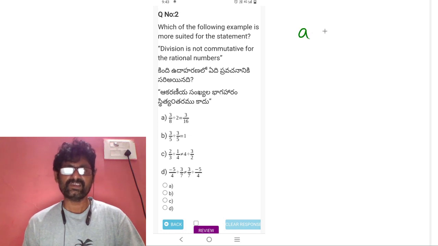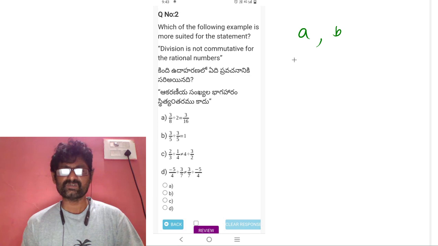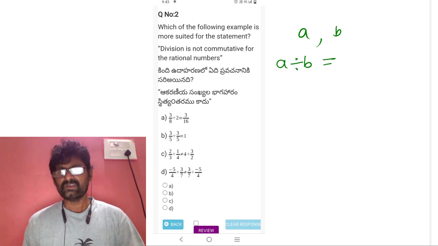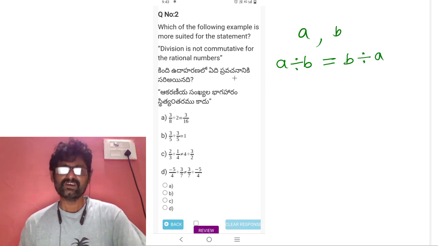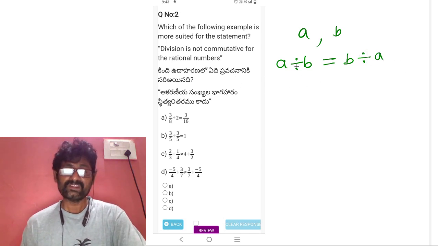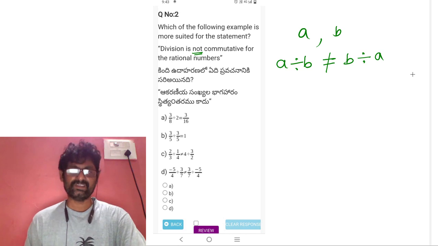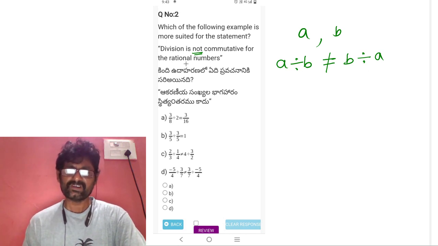If A and B are two rational numbers, then A divided by B equals B divided by A. This is the commutative property. But here it is not commutative. That means A by B should not be equal to B by A. That is what division not being commutative for rational numbers means.